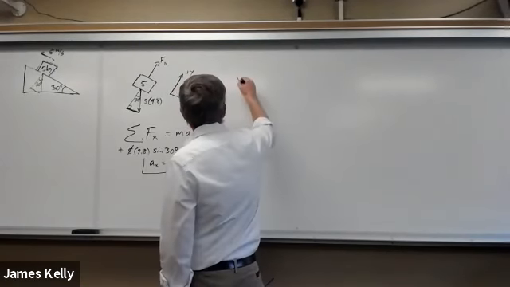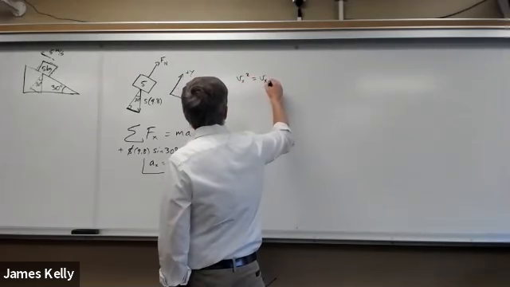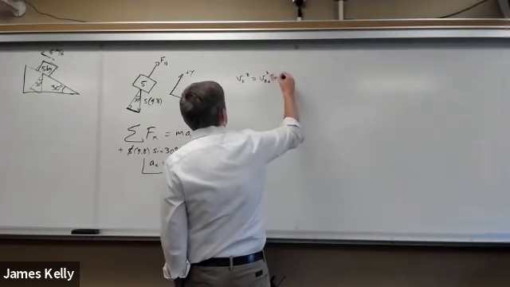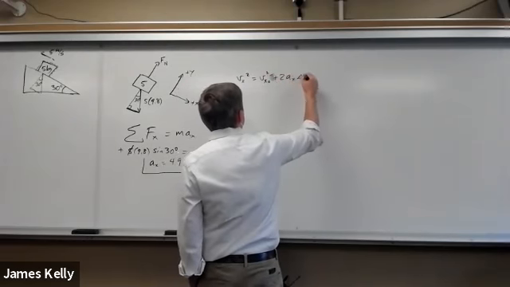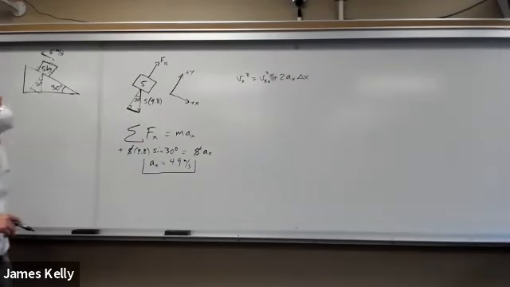Yeah, okay, so that's Vx final squared equals Vx initial squared plus 2ax delta x. Okay, so if I take initial to be just after I release it and final to be when it's passing that position on the way down, what's delta x? 0.